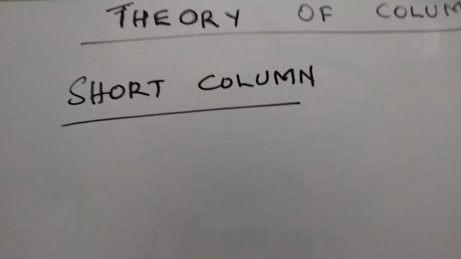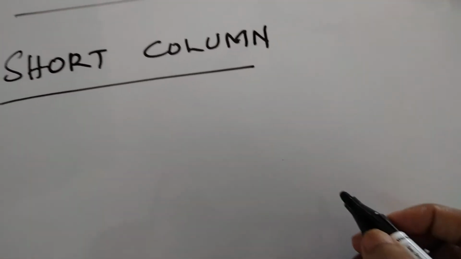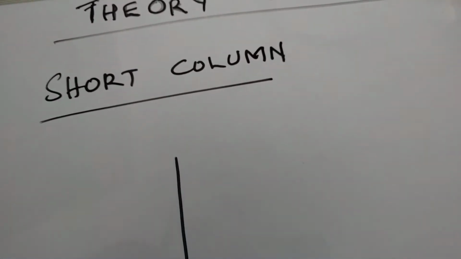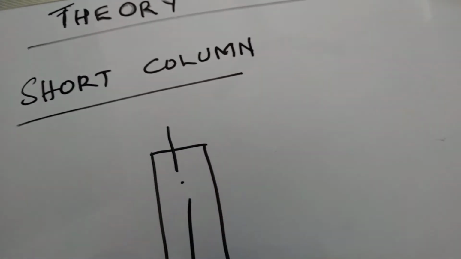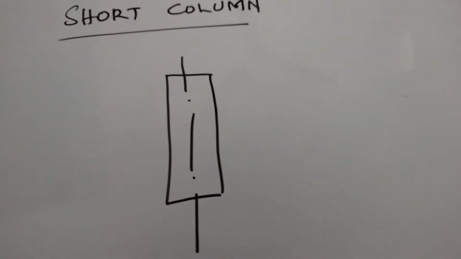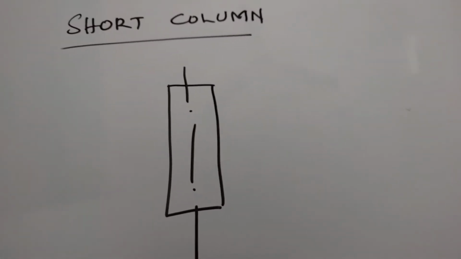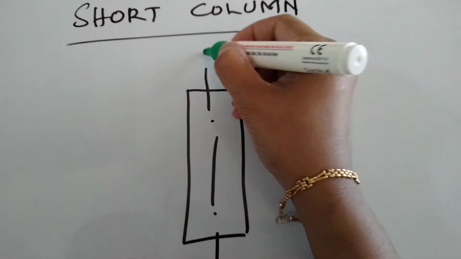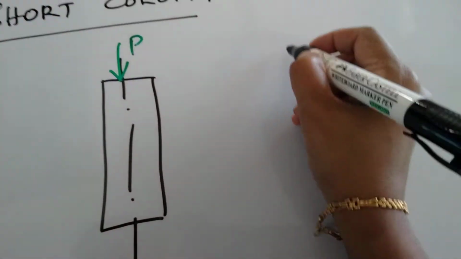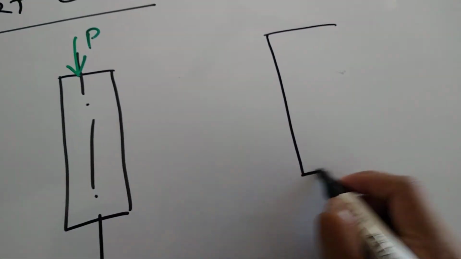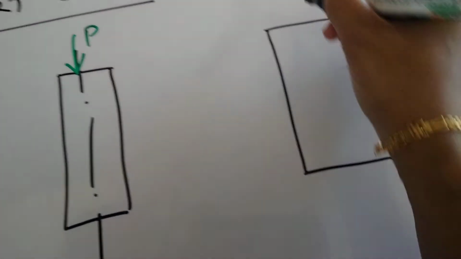When the load is acting along the axis, it is known as axial loading. Now we have the other condition, that is considering a short column.